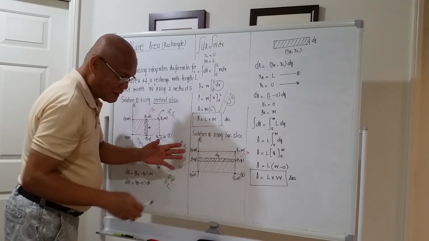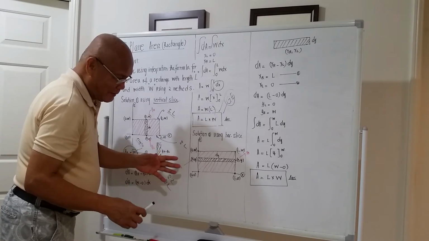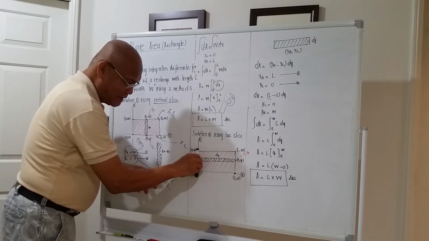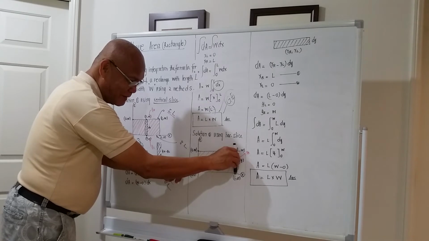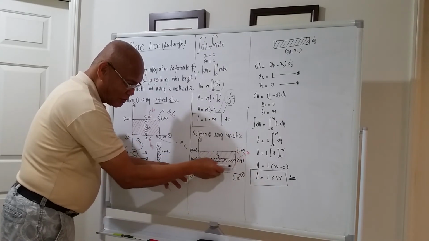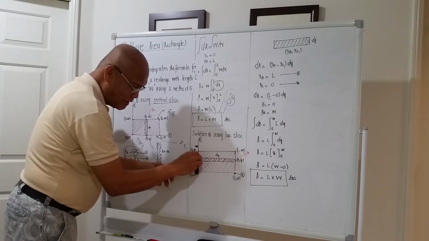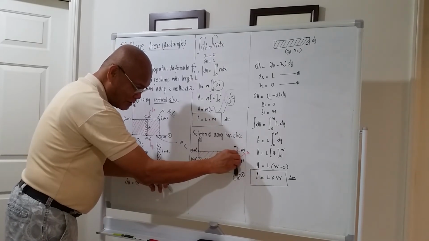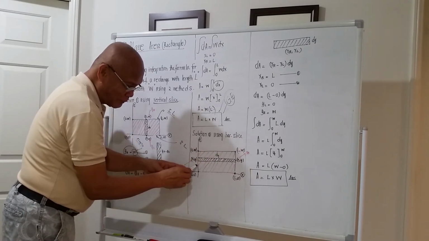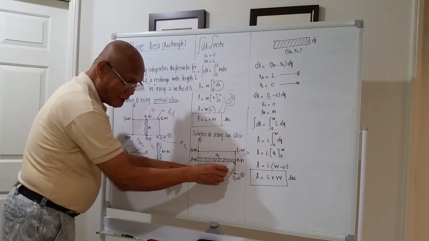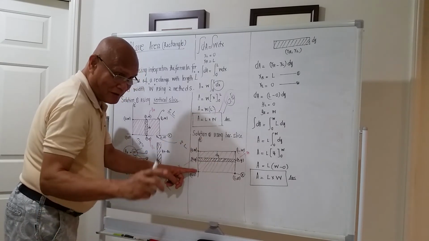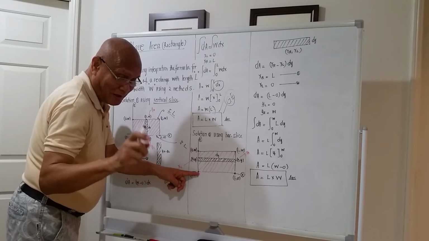And we are just lucky. Why? Because this side here and this side is constant. As the horizontal slice moves from 0 to W, this one is not changing and this one is not changing. So actually, to compute for the equation of this one and this one, it's an easy thing. They are both vertical lines.